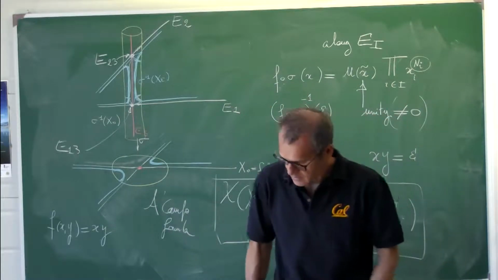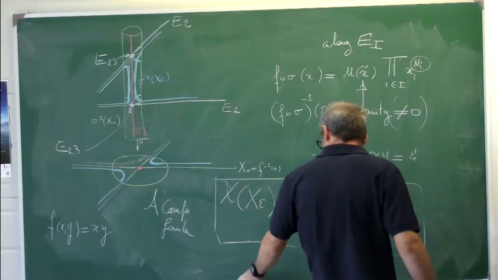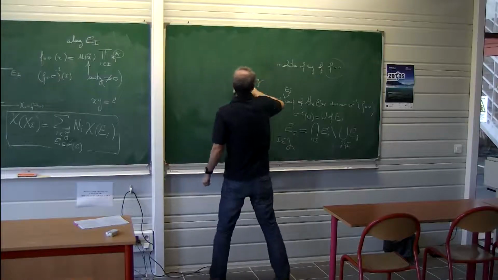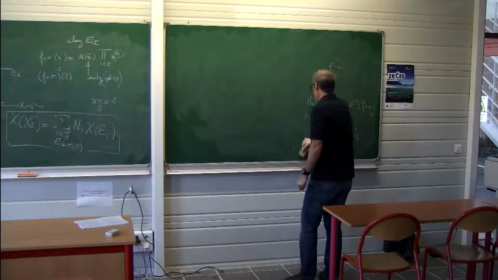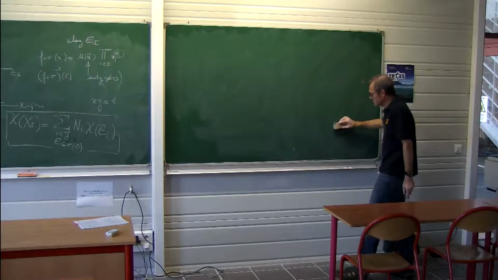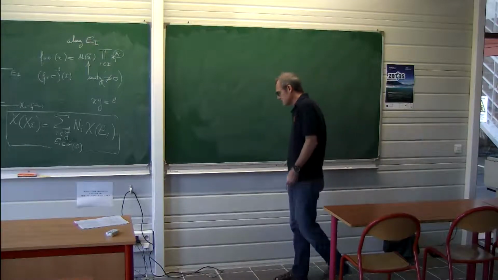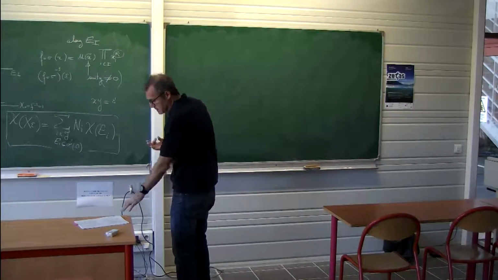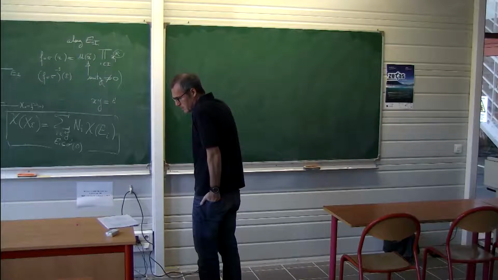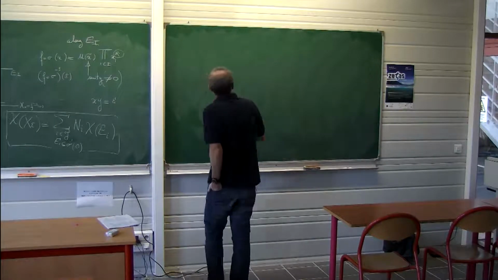So now I hope that I convince you that looking at a resolution of singularity is much more convenient, even if there is some complexity in computation. And now I switch to the real case.